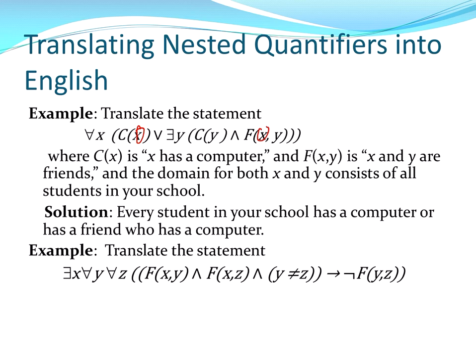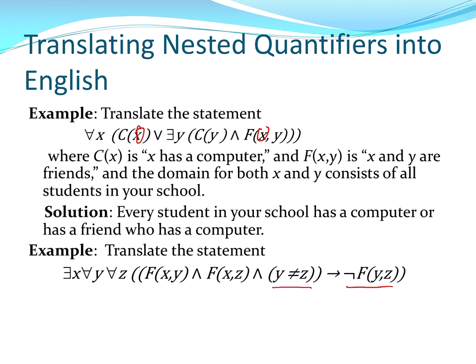We're going to take advantage of our propositional function F of xy above and look at a three variable nested quantifier. There exists x such that for every y and for every z, F of xy and F of xz and y not equal to z implies it's not the case that F of yz.